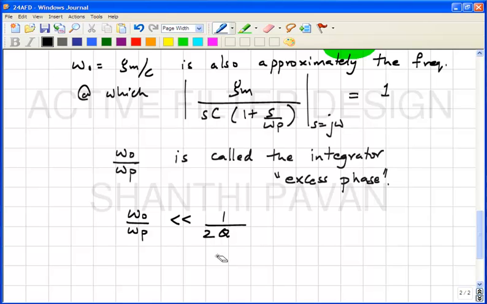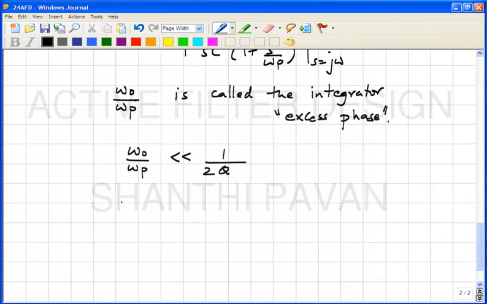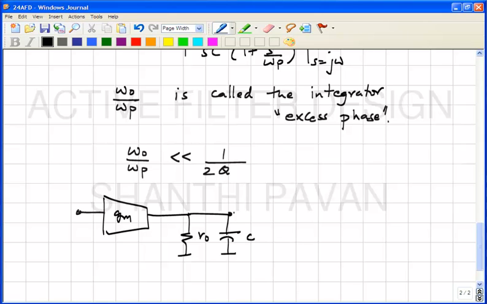As we have seen before, if the integrator has finite gain, what will be the transfer function? VO by VI is nothing but GM RO by 1 plus SC RO, correct?